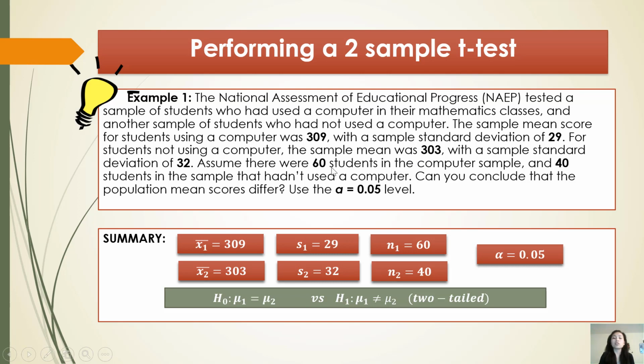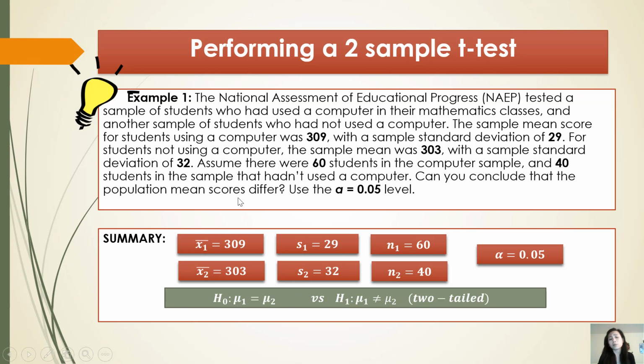With a sample standard deviation of 32, this talks about s2, the second sample standard deviation. So that's why we have s1 is 29, s2 is 32, x2 bar is 303. They also say there were 60 students in the computer sample, which means n1 is 60, and 40 students in the sample that hadn't used a computer, which means n2 is 40.